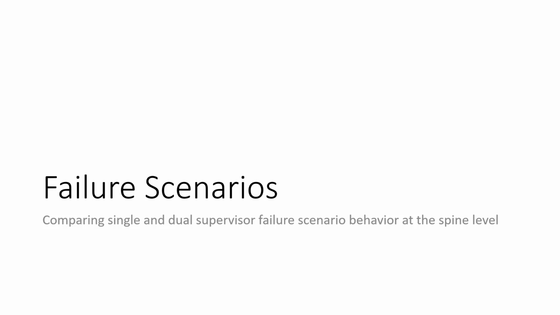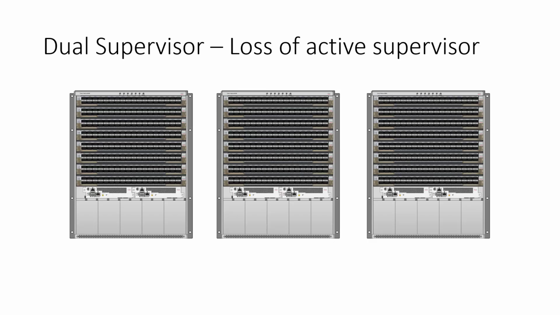In this scenario, we'll compare single and dual supervisor behavior at the spine level. We're going to start with your 3-spine architecture, and all 3 spines will have dual supervisors in them. So here's loss of an active supervisor, whether it dies on its own or in a test where you pull it. Either way, it's failed.